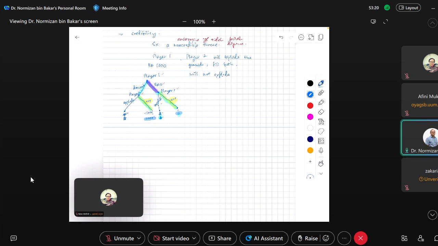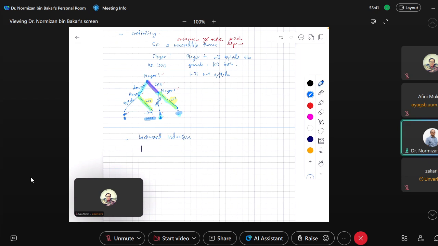This is the technique to find the equilibrium in sequential games.